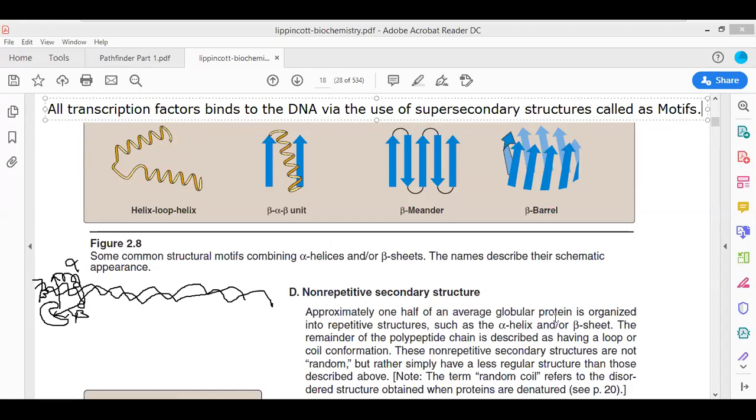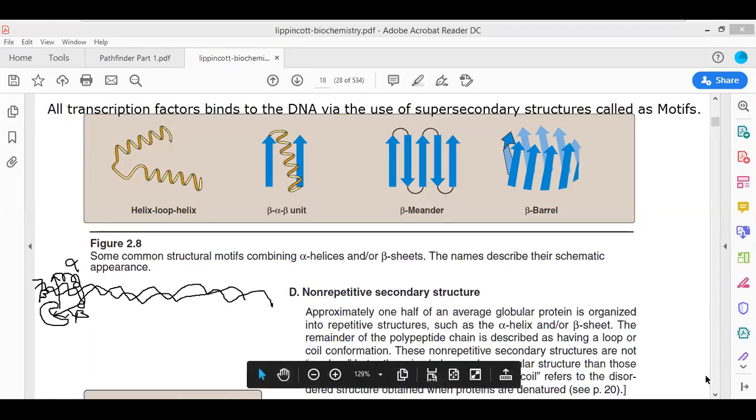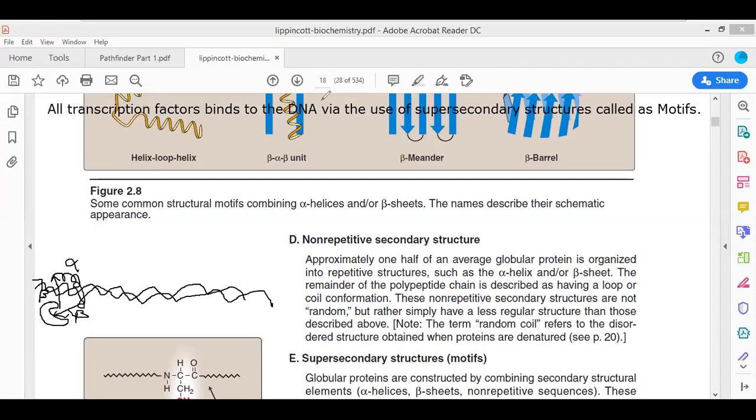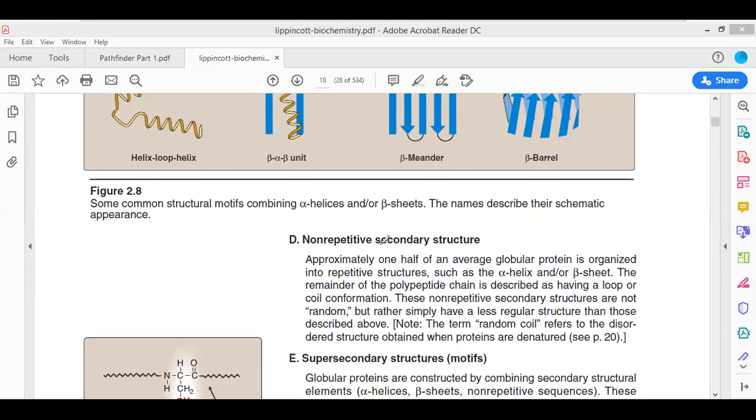Now there could be several different types of secondary structures. We are moving forward. Probably you can note it down. Now, non-repetitive secondary structure. Sometimes the protein can form a random coiled structure.